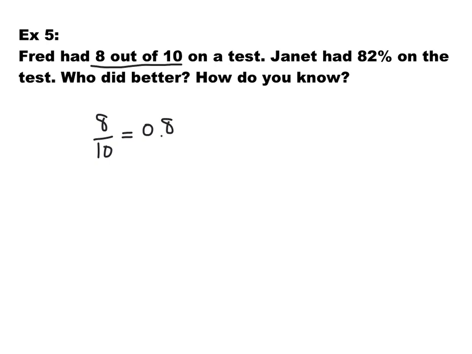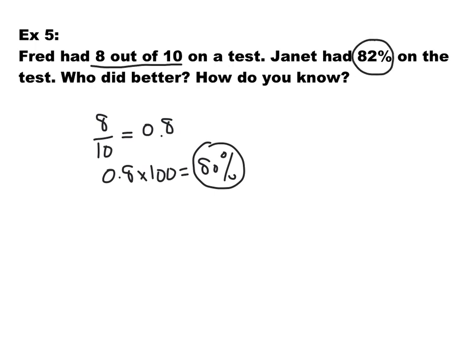If I multiply 0.8 by 100, I get 80. And then I put a percent beside it. So it's 80%. Now if I compare 80% and 82%, it's obvious that 82% is better than 80%. So this means that Janet did better in the test than Fred.